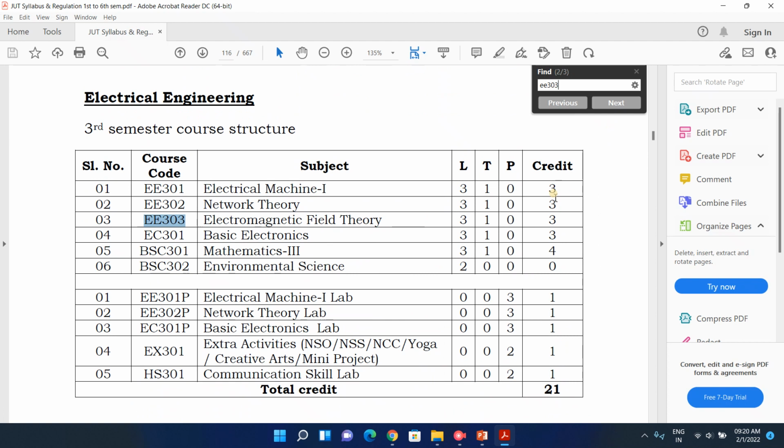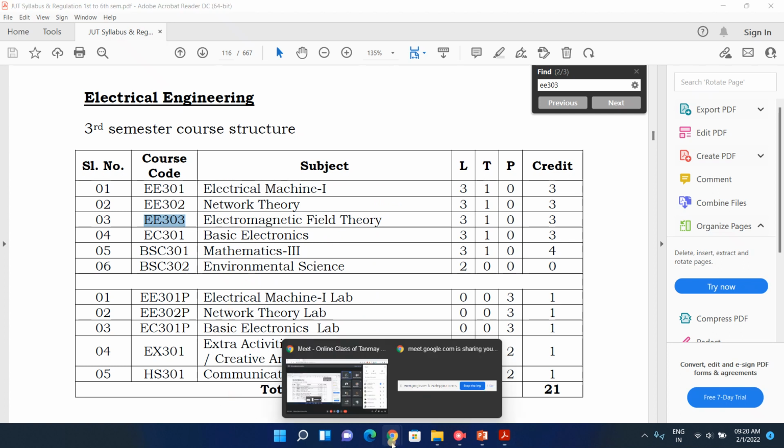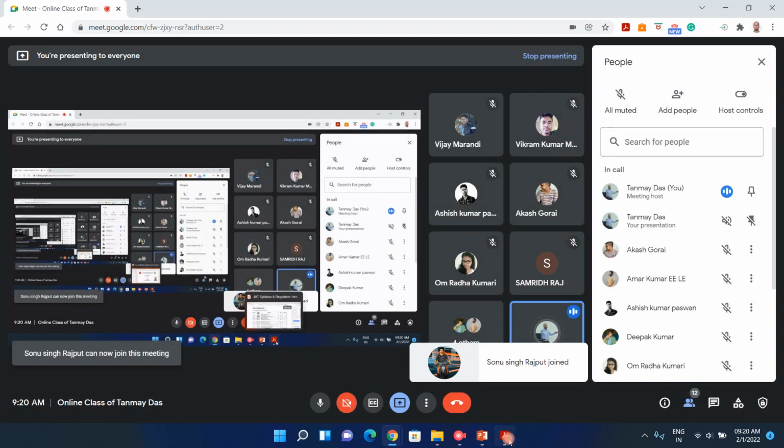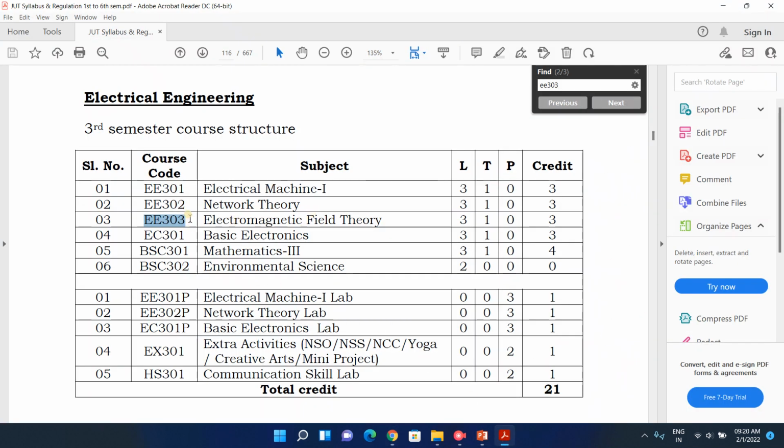This is the syllabus for the electrical engineering third semester. First of all, you will be having electrical machine, then network theory, then electromagnetic field theory, basic electronics, mathematics 3, environmental science. And corresponding to them, you will be having your laboratories. The subject which I will be teaching you is electromagnetic field theory.